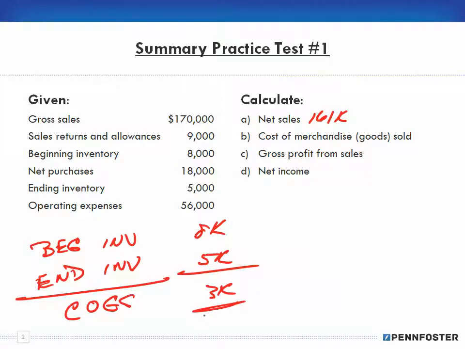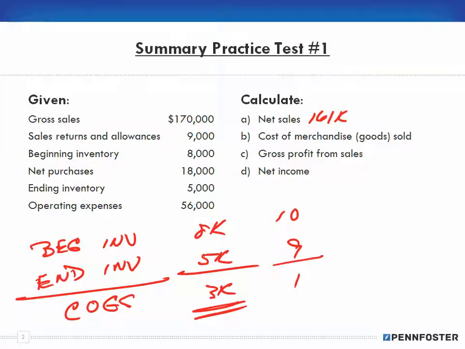But that is not the correct figure for the simple reason it doesn't take into consideration that during the course of the month we might have bought something. If we had 10 tables at the beginning and we had 9 tables at the end and we didn't purchase anything else in between, then we only sold one table and that's what would have gone into cost of goods sold.